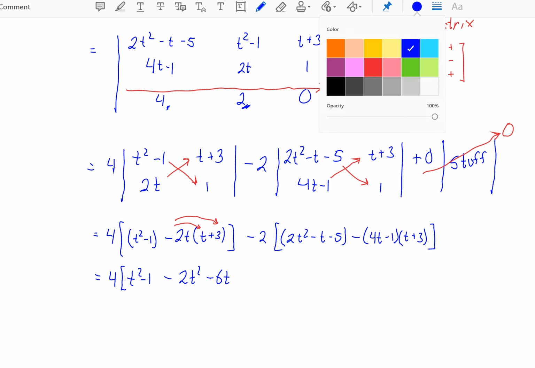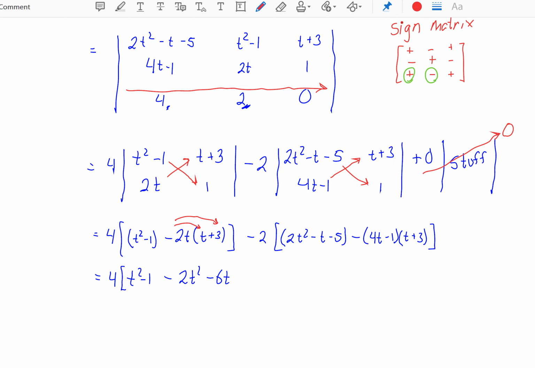If I multiply this expression out, I think it's going to be 4t times t is 4t squared, which means minus. 4t times 3 is going to be 12t, minus t is 11t, but minus.